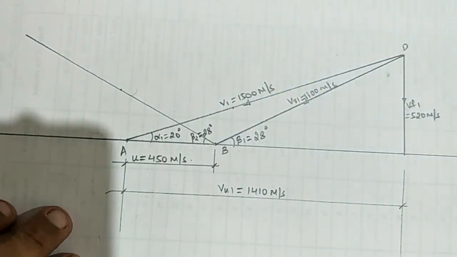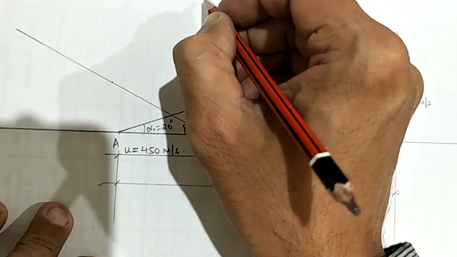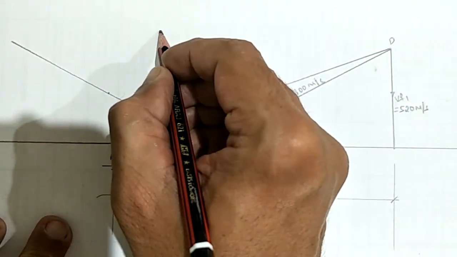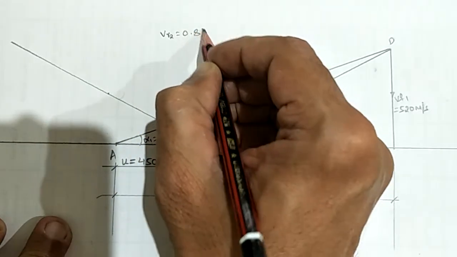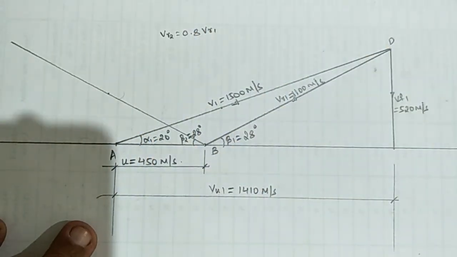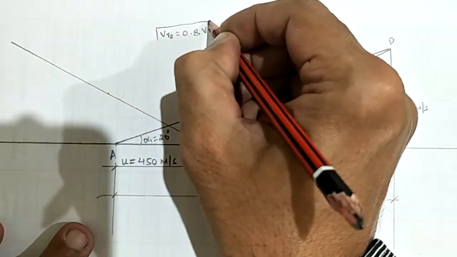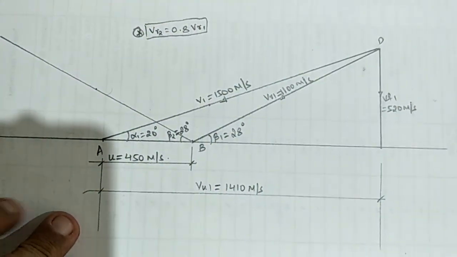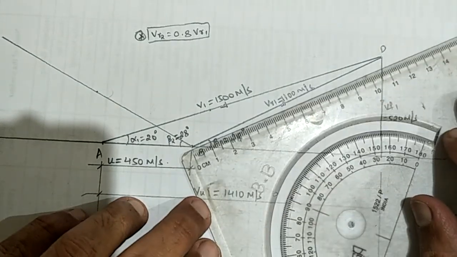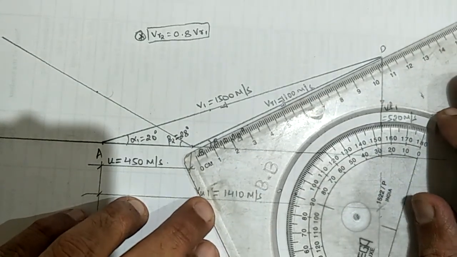Now one more important condition is given, so better I write it here: VR2 is equal to 0.8 times VR1, right? This is a very important condition given in the problem. First I will measure VR1. VR1 is somewhere around 11 centimeters.